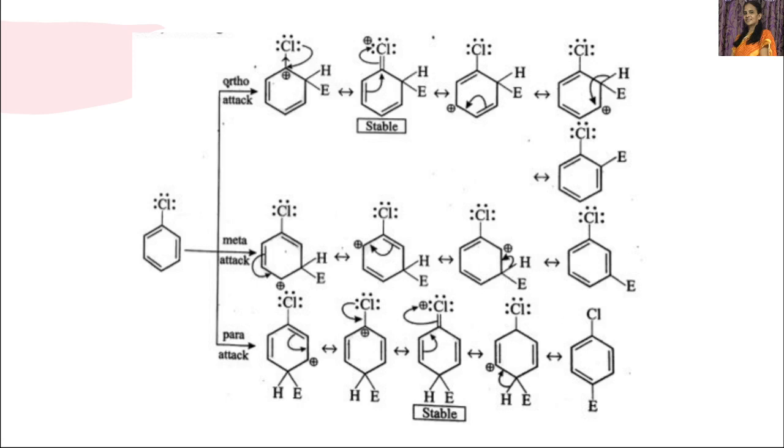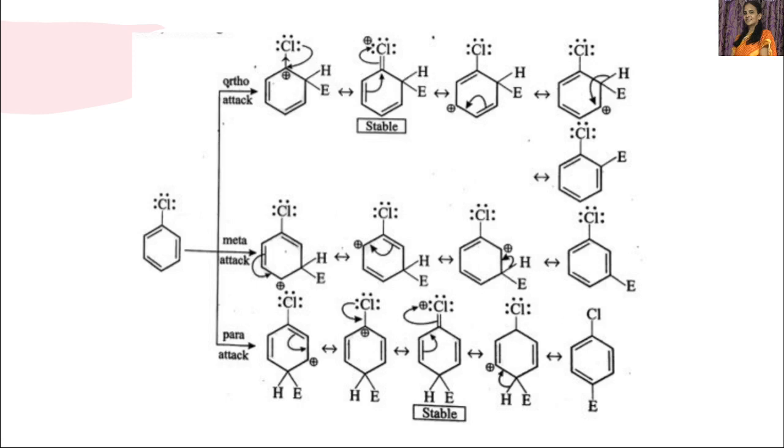Thus, the positive charge is shifted to this particular carbon. You can see here, and this positive charge present on this particular carbon is shared by the lone pairs present on the chlorine atom.